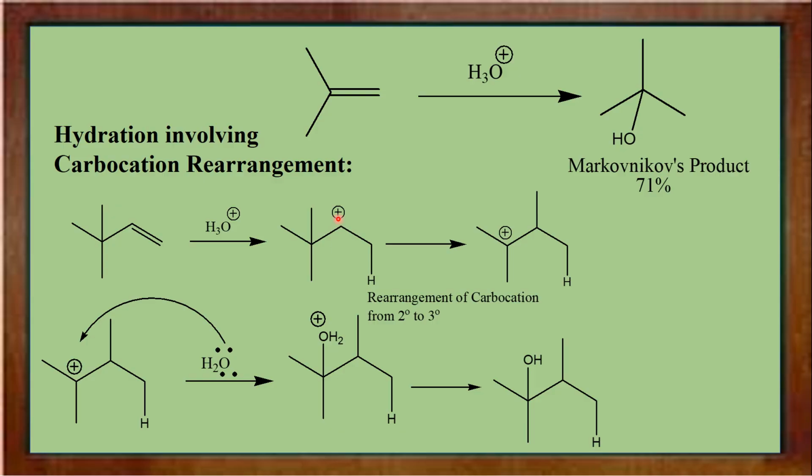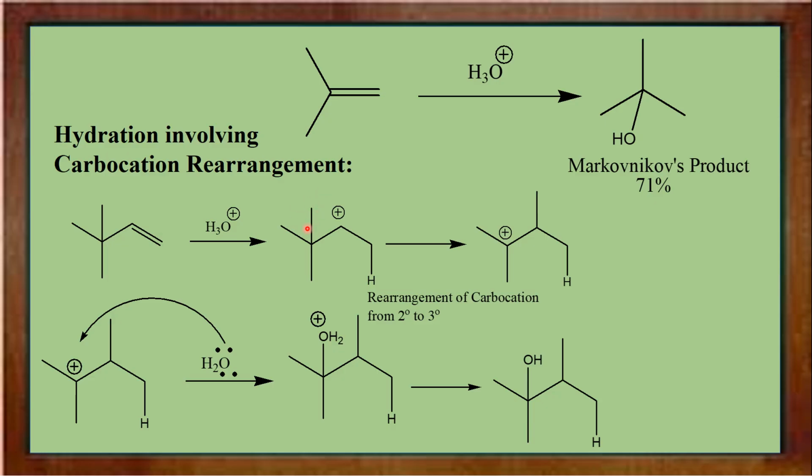Now this carbocation can undergo rearrangement to become a still more stable tertiary carbocation. How does it happen? The carbon next to the carbocation is labeled as carbon number 1. The carbocation is labeled as number 2. From carbon number 1, an alkyl group comes out as alkyl anion.